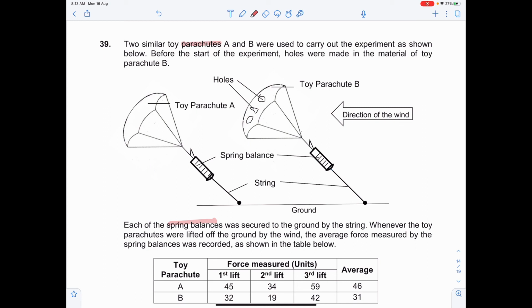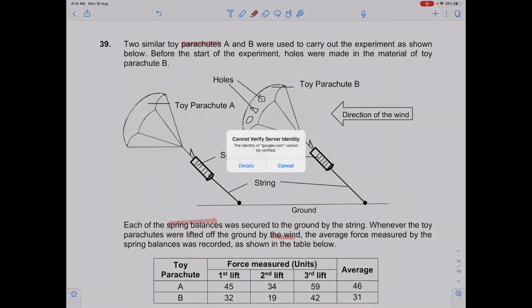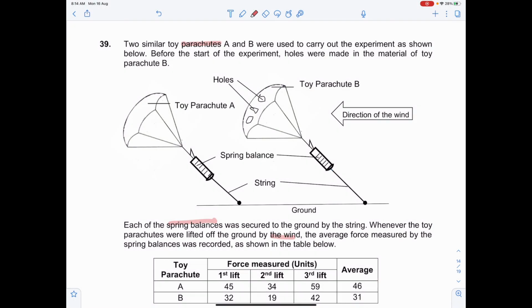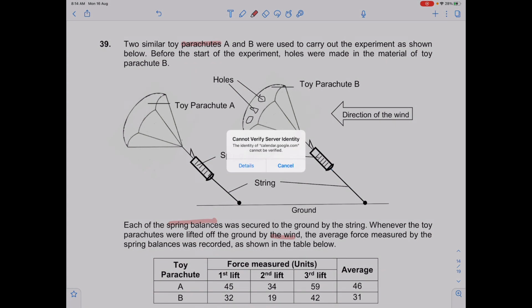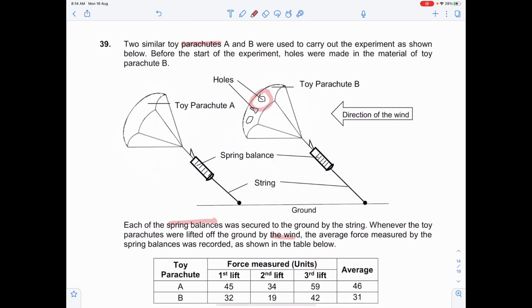In forces, when you see things like a parachute together with wind, you know the concept they want to test you on is probably air resistance. Because it's on air resistance, you know that it's got to talk about your surface area.